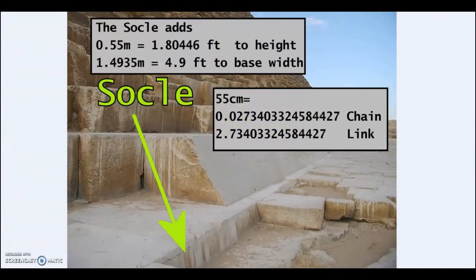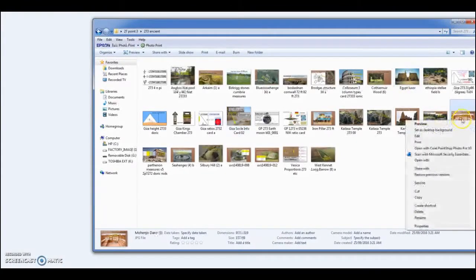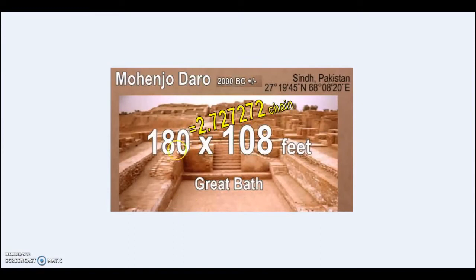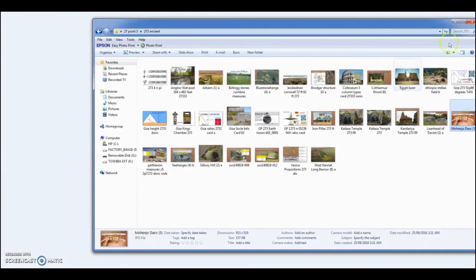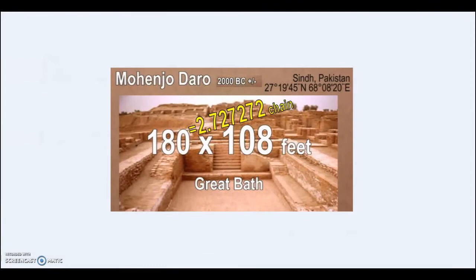Even interesting, okay, we'll go into those more, because Mohenjo-Daro, I mentioned earlier, the Great Pool, 108 feet wide but 180 feet long, 2.72727 chain. Again, we see these same numbers re-emerging over and over again.